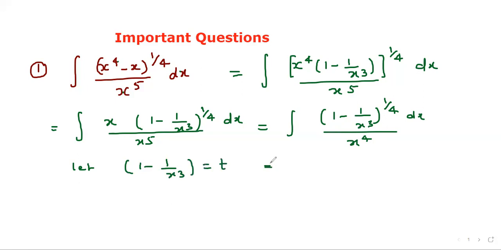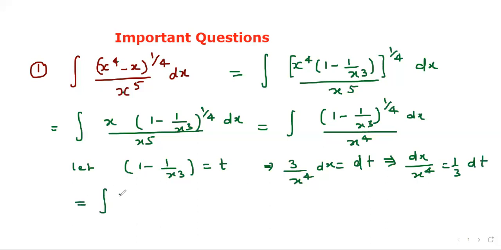This will give 3/x^4 dx equal to dt, which implies dx/x^4 is equal to 1/3 dt.